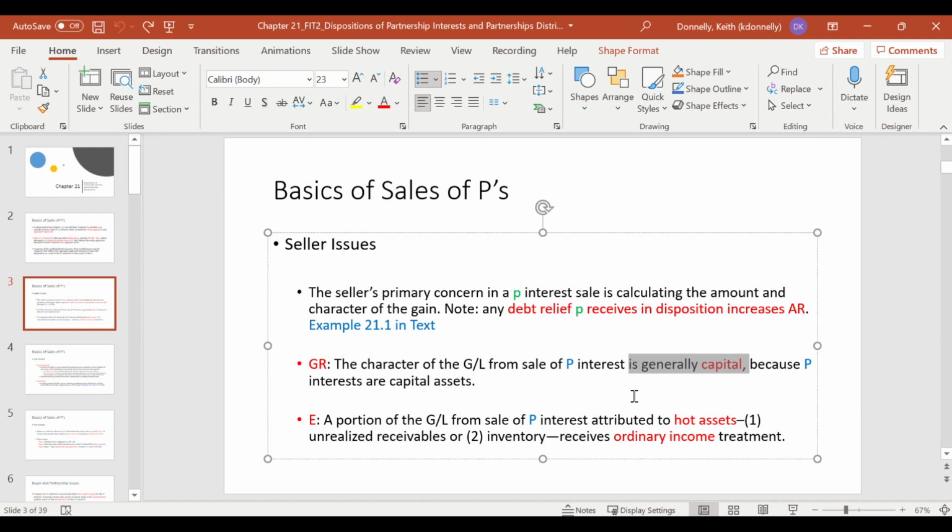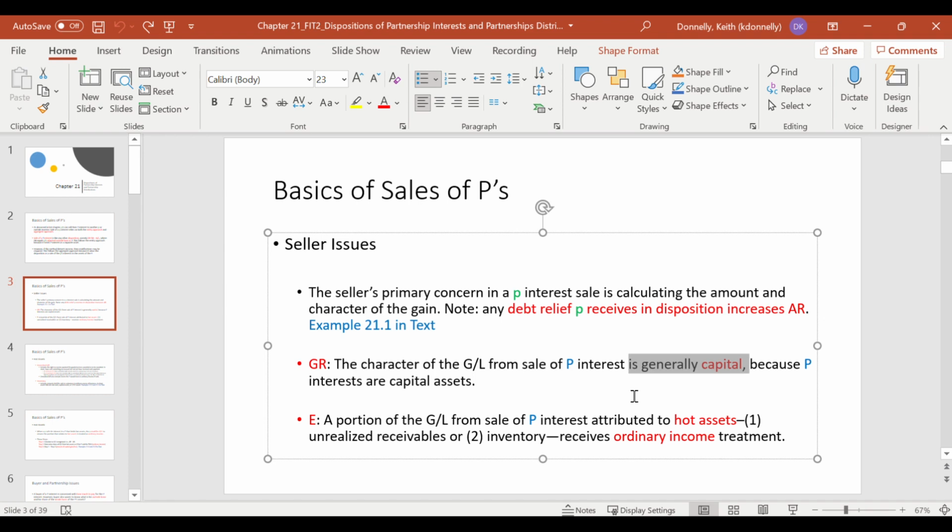However, what the IRS doesn't want you to do is, if you think about this at a high level, your ownership interest is reflective of all the different assets within the partnership. So maybe you're a 1/3 owner of the assets, a 1/3 owner of the liabilities, a 1/3 owner of this. If the partnership was to sell or dispose of certain assets, that would trigger ordinary gain or loss, for example, inventory.